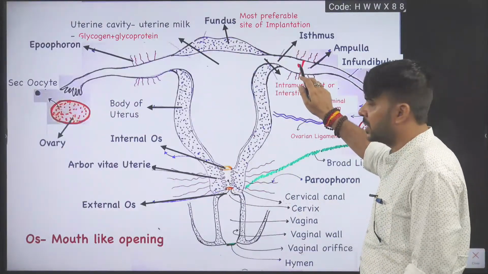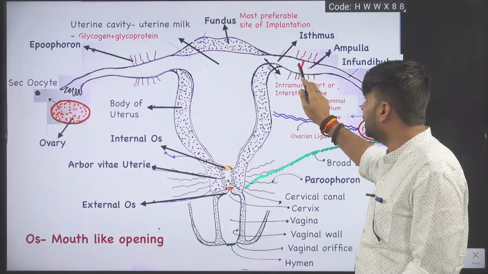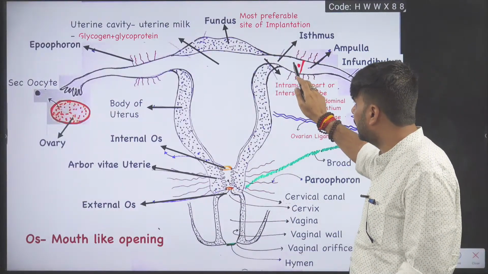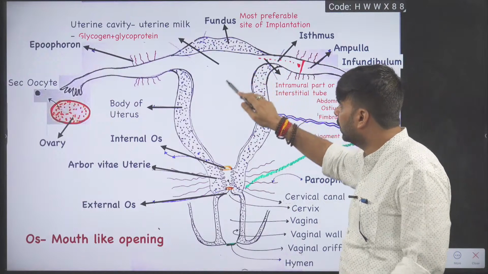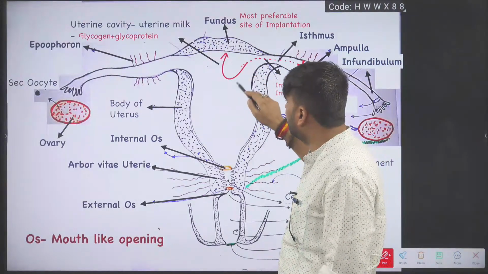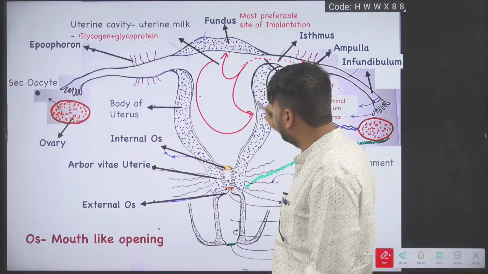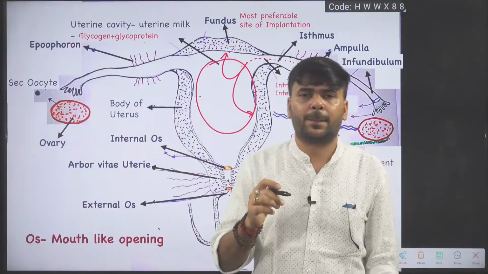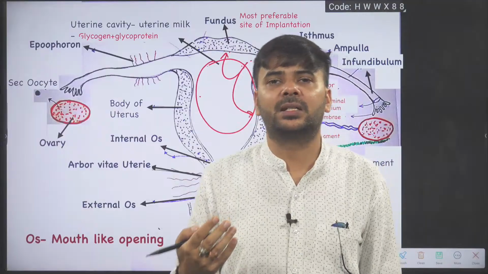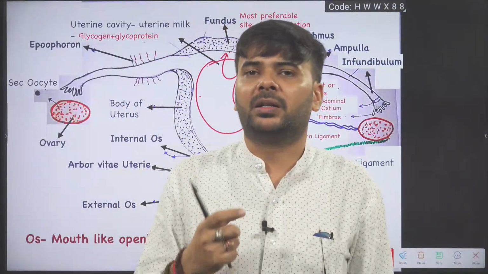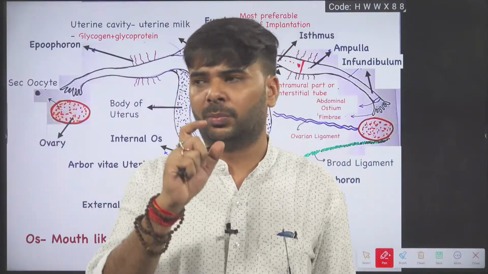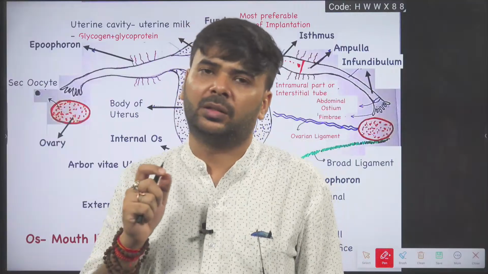And if fertilization happens, then this embryo, this tiny structure, moves in this direction and gets implanted to the uterine wall. Maybe this side, maybe this side, anywhere in this uterine wall. And pregnancy is conceived. We call it implantation, attachment of embryo. Important term, implantation.